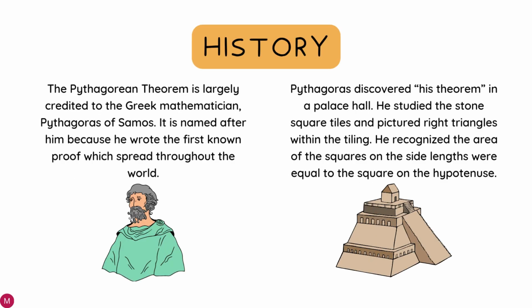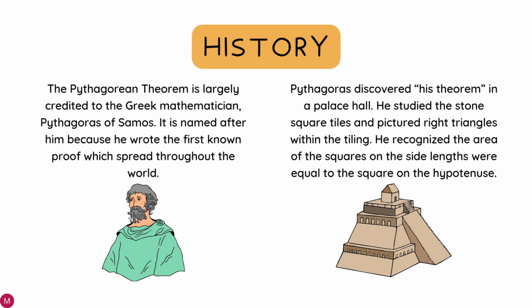The Pythagorean theorem is largely credited to the Greek mathematician Pythagoras of Samos sometime around the 6th century BCE. It is named after him because he wrote the first known proof, which spread throughout the world. It is said that Pythagoras discovered his theorem in a palace hall.